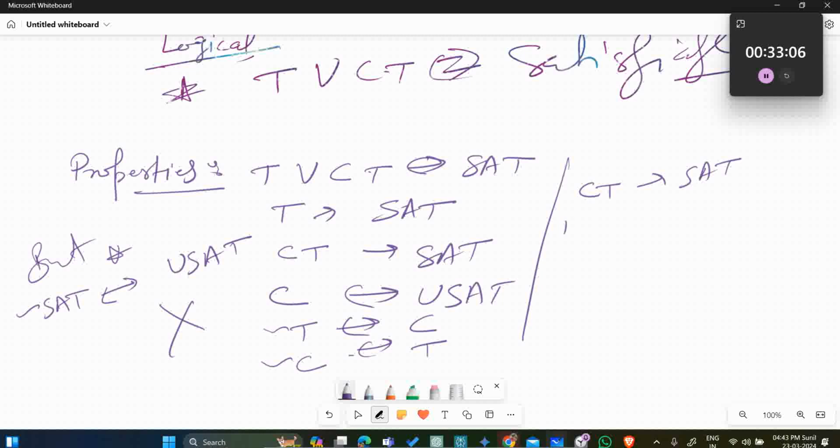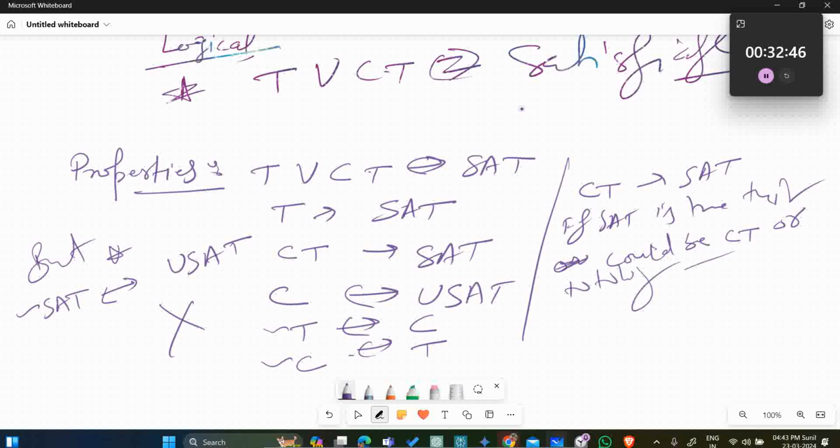If satisfiable is true, then it could be contingency or tautology. So not tautology and contingency being equivalent to unsatisfiable is not right.